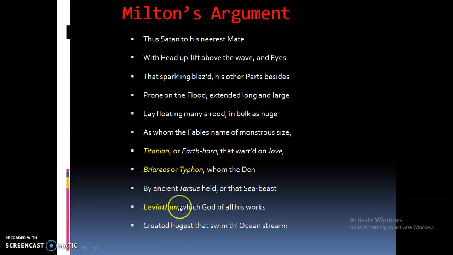Leviathan is a monster with a hundred serpent heads who dwelt in a den in Tarsus in Cilicia. So here the reference is Leviathan, the largest sea creature, mistaken by the steersman. I believe you understand the line. Here Satan's size is compared to the sea monster Leviathan. This sea creature was mistaken by the steersman of some benighted vessel of the North Sea for an island as he sleeps.